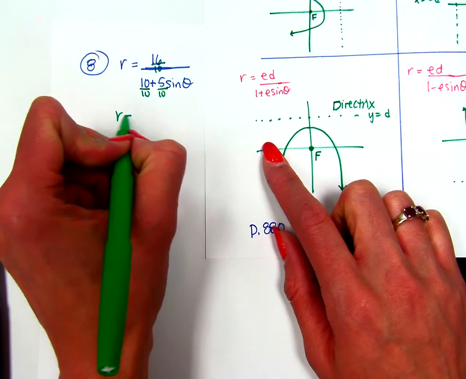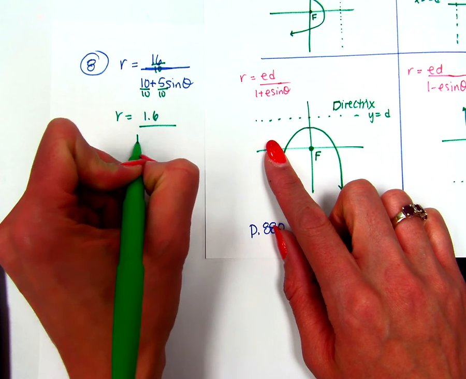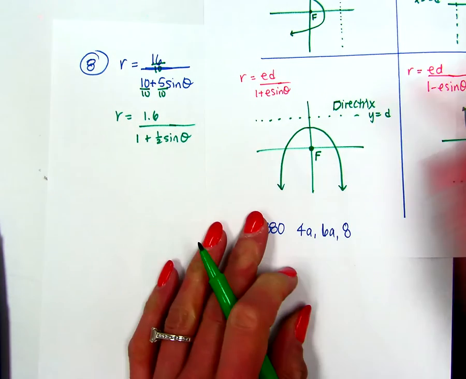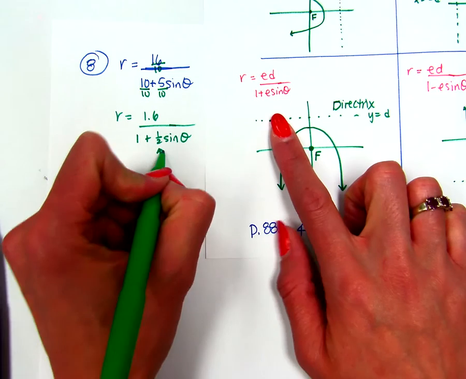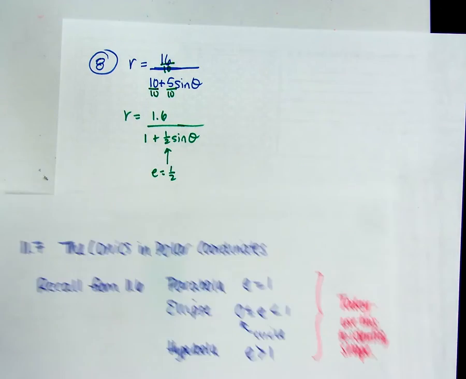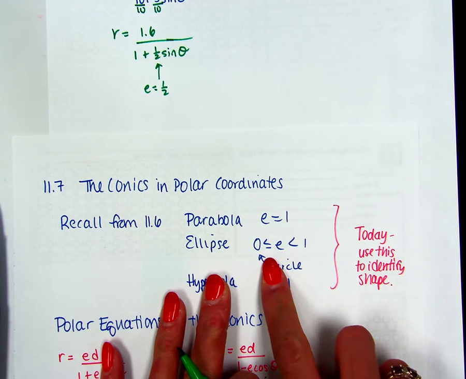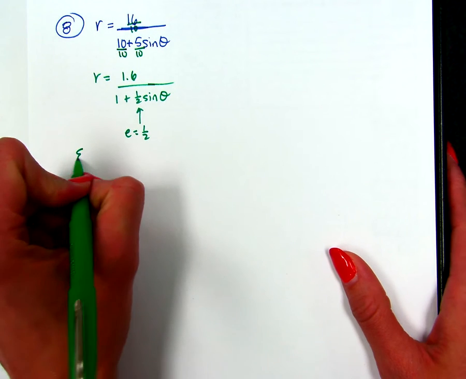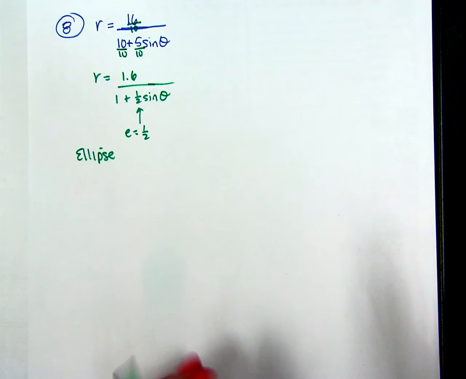So now we're going to have r equals 1.6 over 1 plus 1/2 sine theta. So e is equal to 1/2. And if you double check what your eccentricity tells you, this is an ellipse. So I know that this is an ellipse.